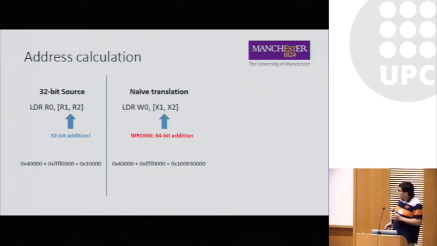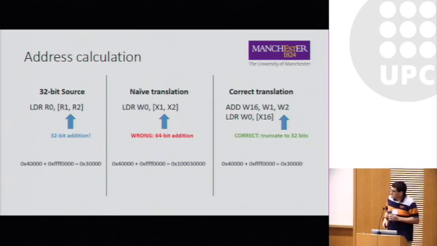Now, a correct translation would be to use a separate add instruction, which truncates the result to 32 bits, and then just load using the result of the addition as the address, and this will work correctly. However, it is slow because it doubles the code size, it requires two instructions, and there's a data dependency between these two. So we really want to avoid this.